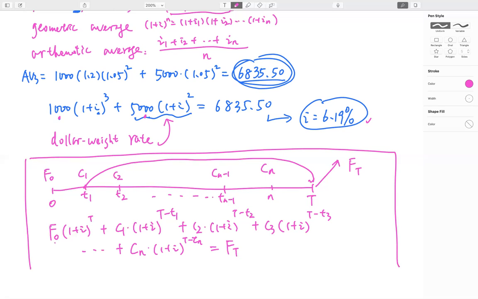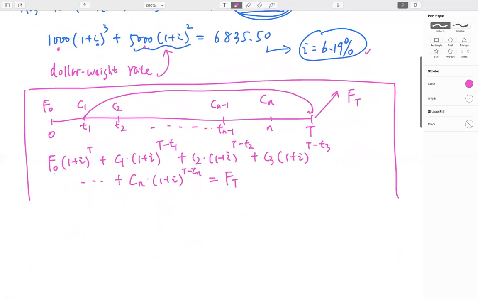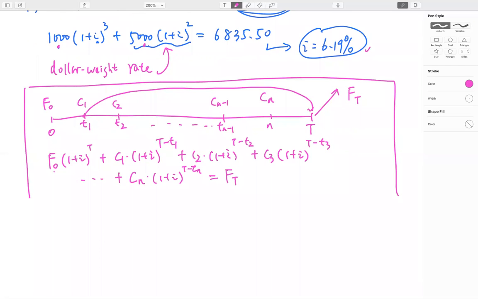Let me write it in a more uniform way. Let's not use i as the index, because i is interest rate. The textbook uses s, so let's follow it: the sum for s from 1 to n of C_s times (1 plus i) to the power of T minus t_s equals F_T.